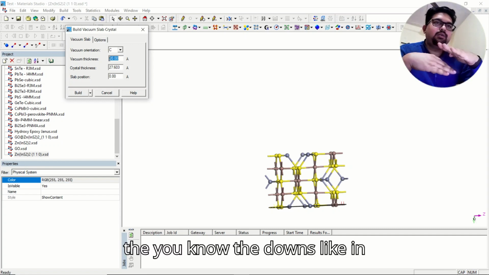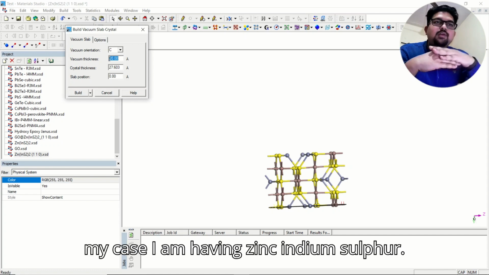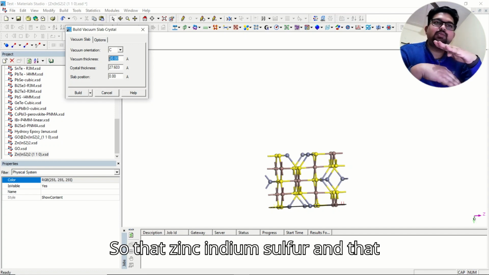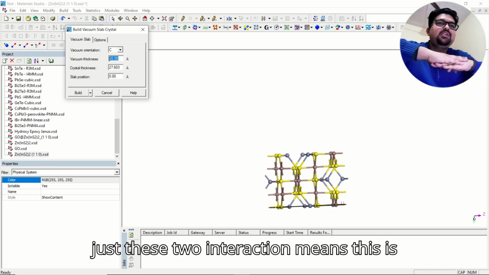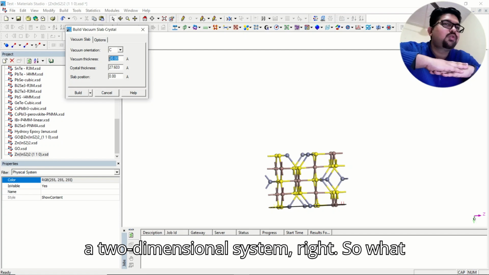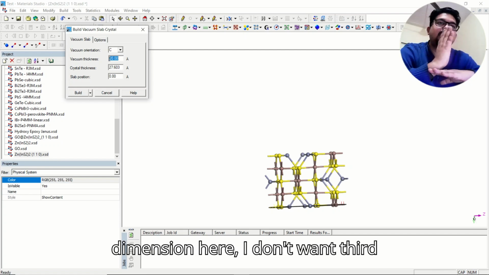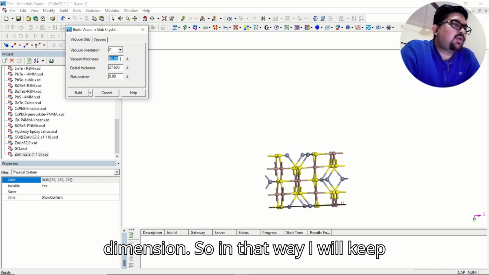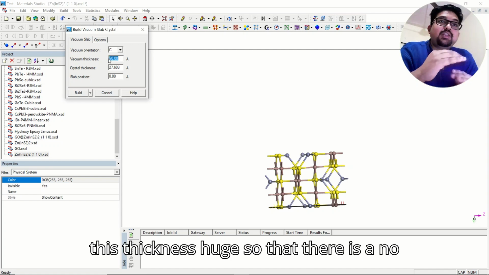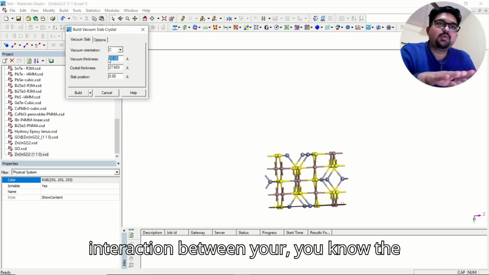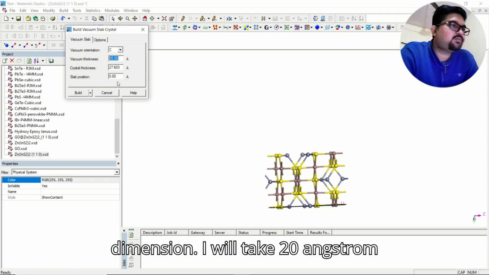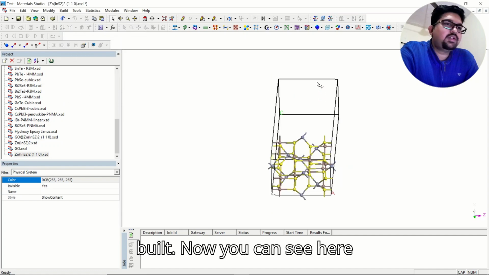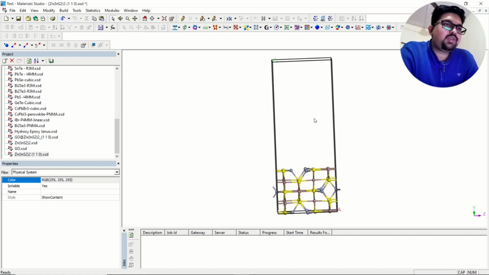In my case I have zinc indium sulfur and graphene oxide, and I want to study just these two interactions, which means it's a 2-dimensional system, right? So I don't want the third dimension here. In that way, I will keep this thickness huge so that there is no interaction between the plane of your lattice and the third dimension. I will take 20 angstrom and build. Now you can see here, right?